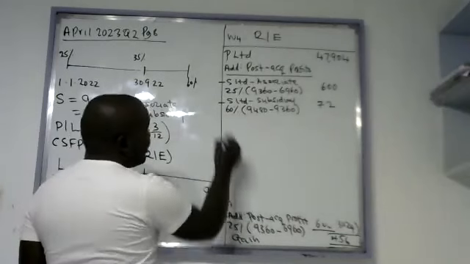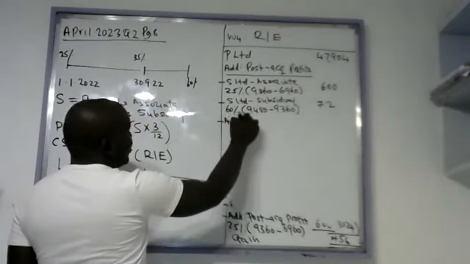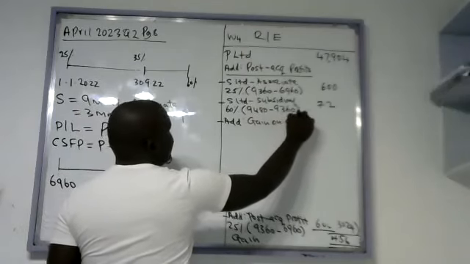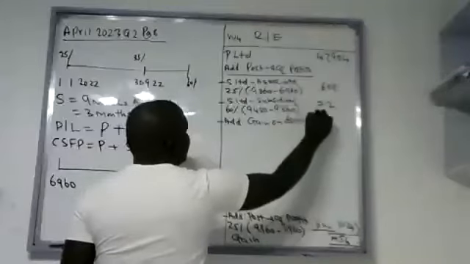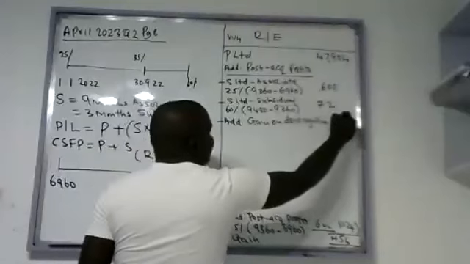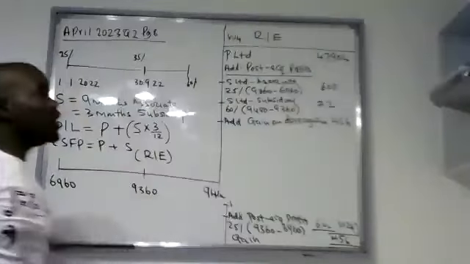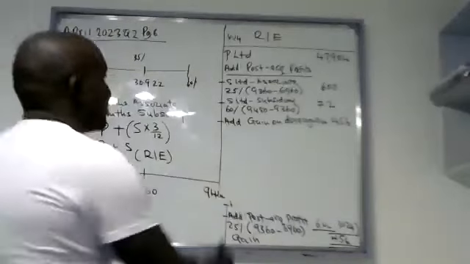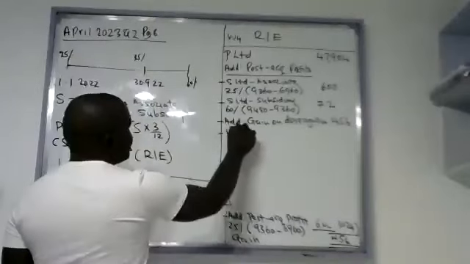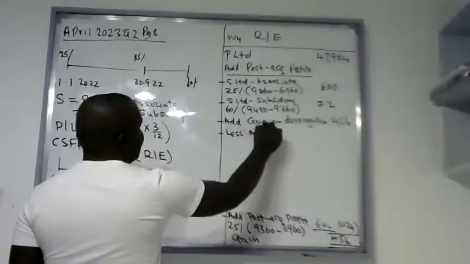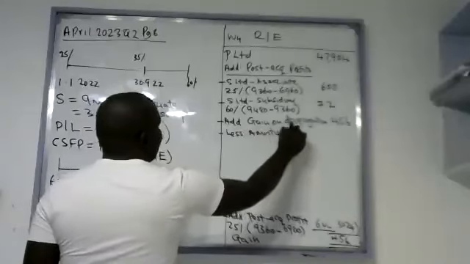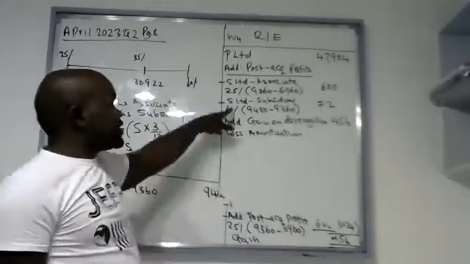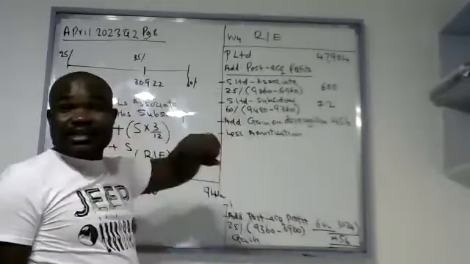Then you add this gain on the recognition. We got 456. That one you will add, the 456. And finally, there was amortization, so you less amortization. I remember it was in the books of S, and it was 36.